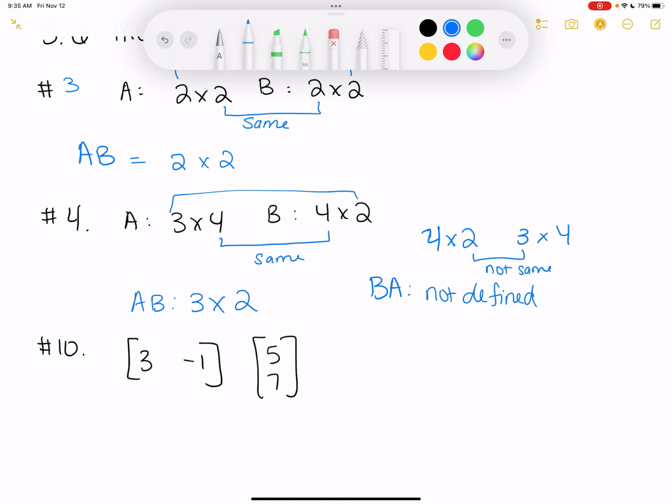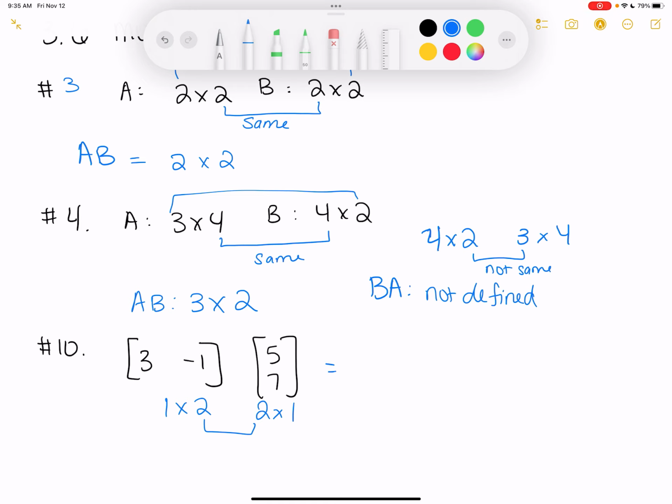So what are the dimensions of this first one? 1 by 2. That's rows and then columns. And then the second one? 2 by 1. So since the 2's match up, my result is going to be a 1 by 1.